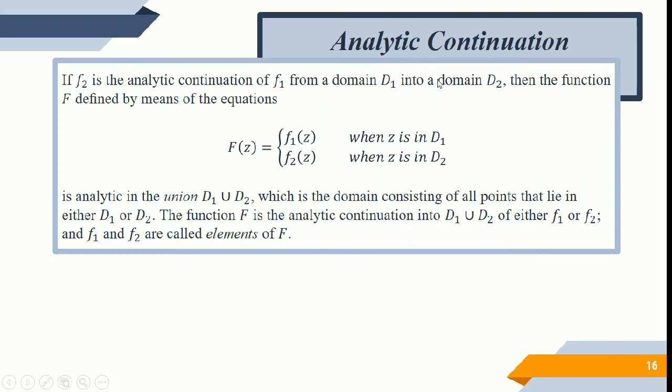Okay, the next is about analytic continuation. If f2 is the analytic continuation of f1 from a domain D1 into a domain D2, then the function f defined by means of the equations f(z) equals f1(z) when z is in D1 and f(z) equals f2(z) when z is in D2 is analytic in the union D1 union D2, which is the domain consisting of all points that lie in either D1 or D2.